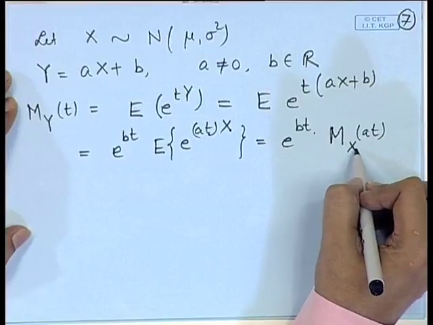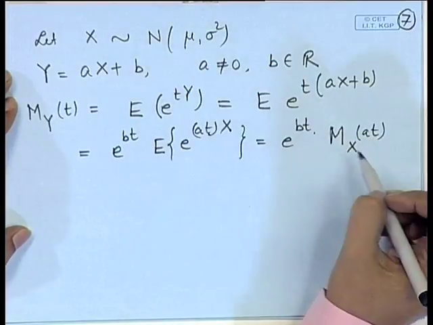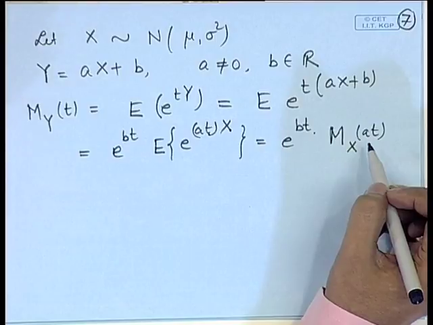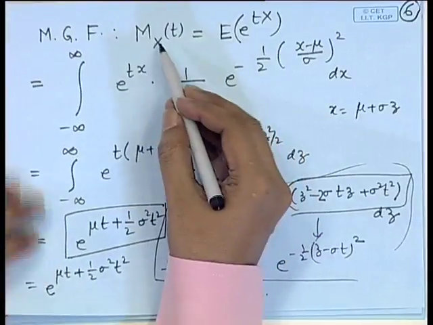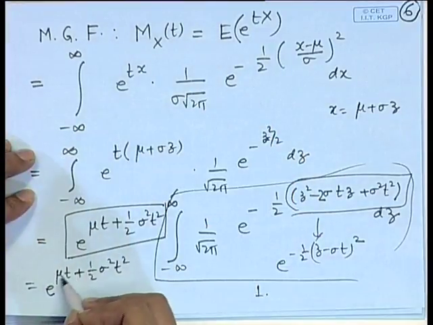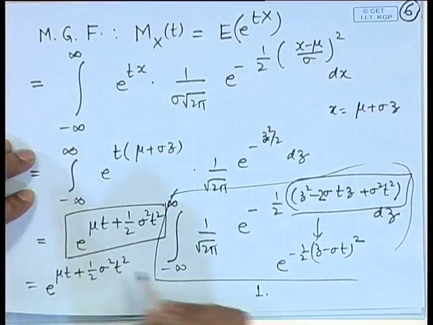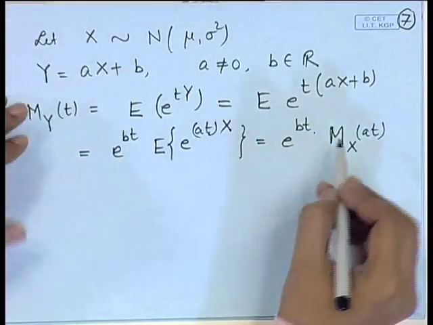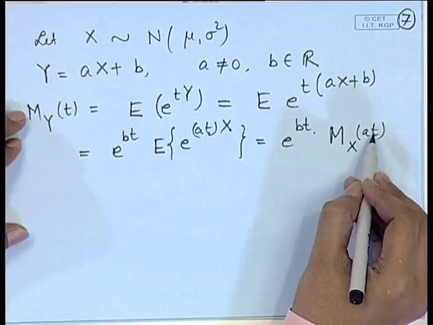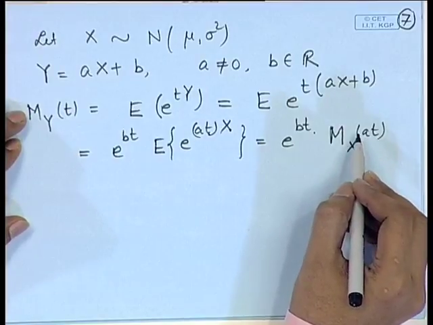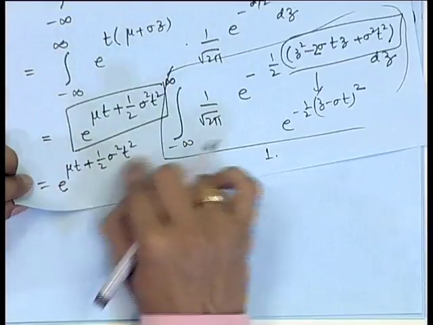Now, the distribution of X is normal and moment generating function of X, that is M_X(t), is given by e to the power mu t plus half sigma square t square. So, we can substitute at in place of t in the expression of M_X(t).